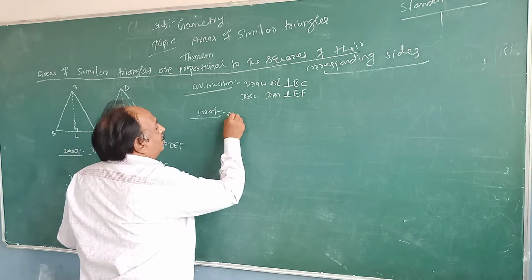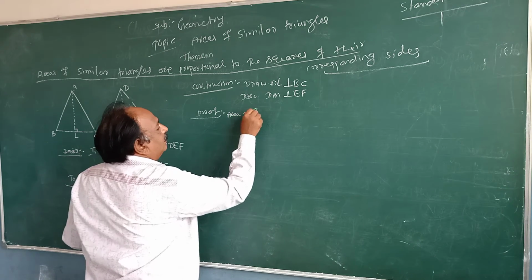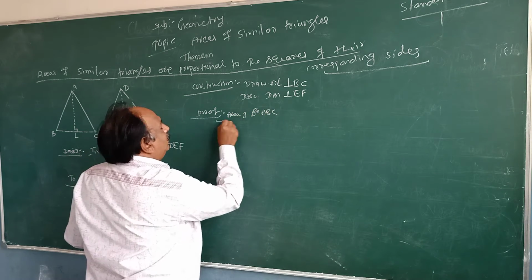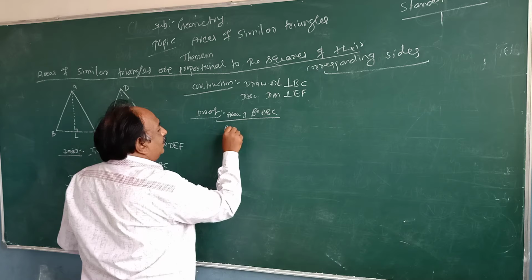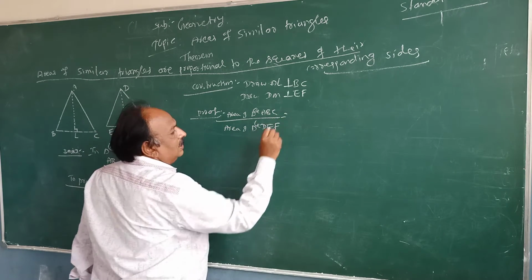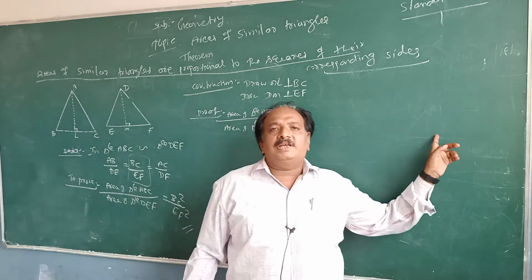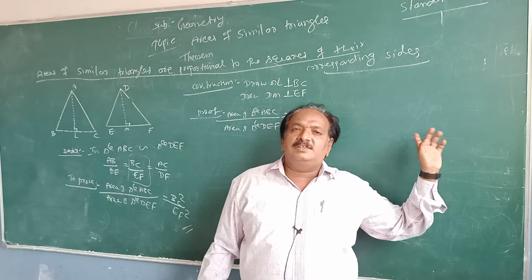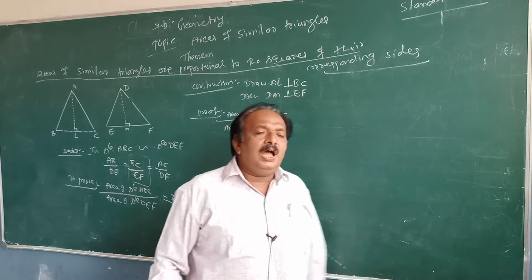Area of triangle ABC divided by area of triangle DEF is equal to, as I have already told you in the beginning of the class, area of the triangle is equal to half into base into height.